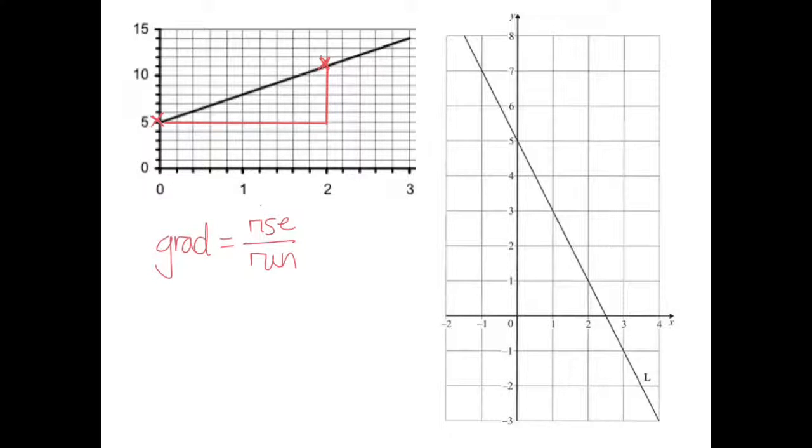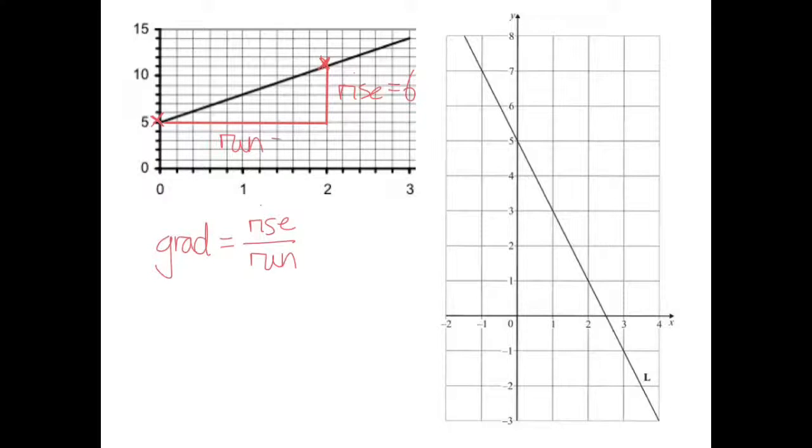So in this line, you can see that it goes up by 6 units. And so the rise in this case is 6. The run is how far across it goes, and we go from 0 all the way across to 2. So the run in this case is 2.